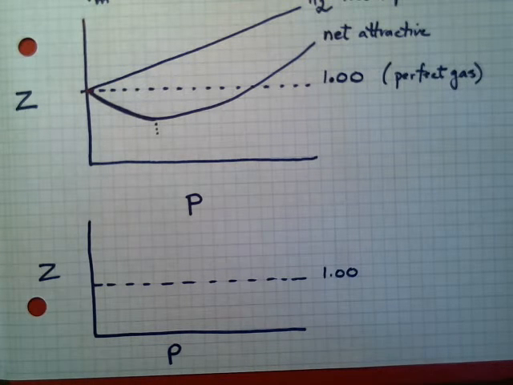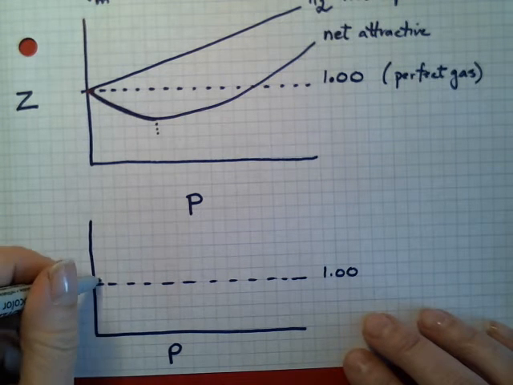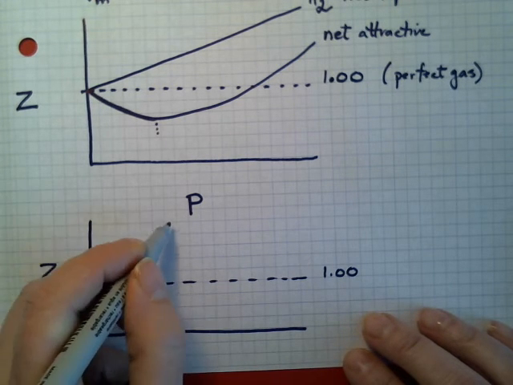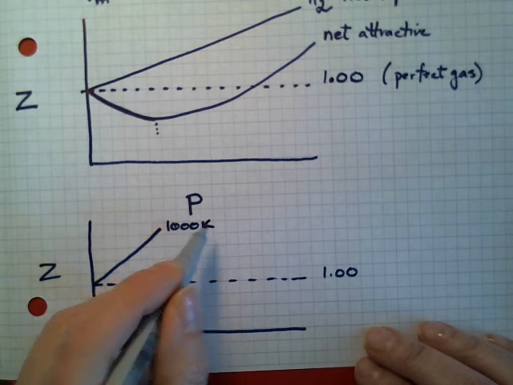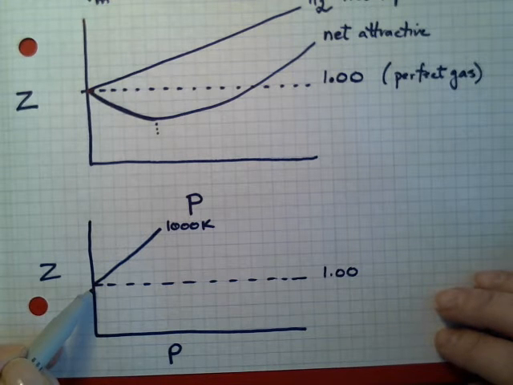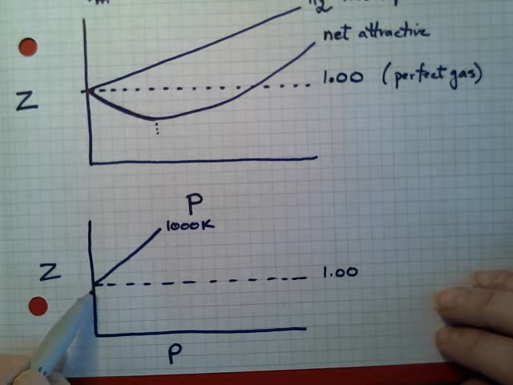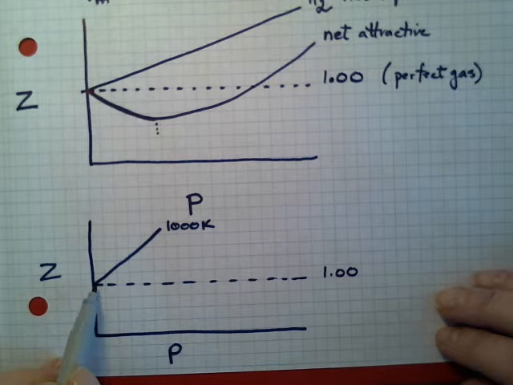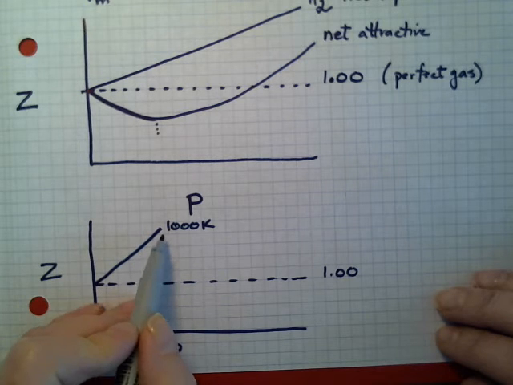And so for a gas that exhibits net attractive forces at a high enough temperature, and we're just doing examples here, so let me just start us off with 1000 Kelvin. Okay, I expect that compression factor to be above 1, even at low pressure, and certainly with increasing pressure it's only going to grow.